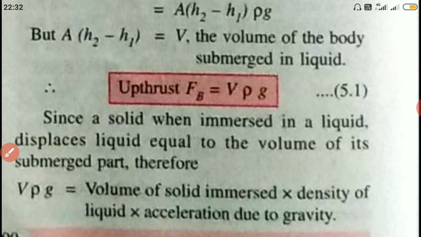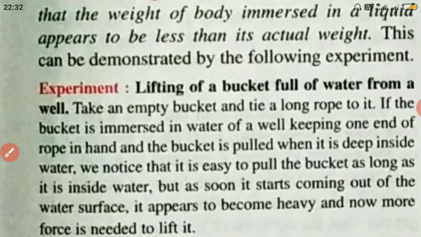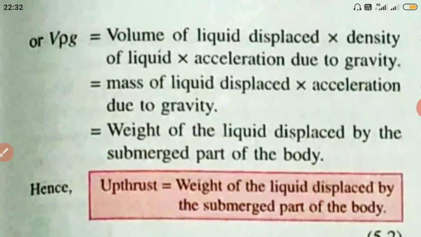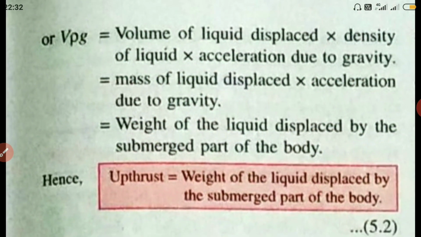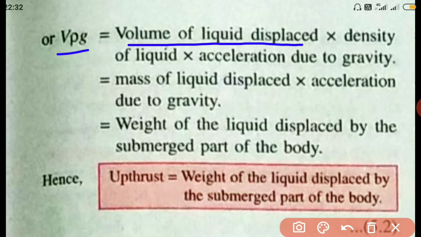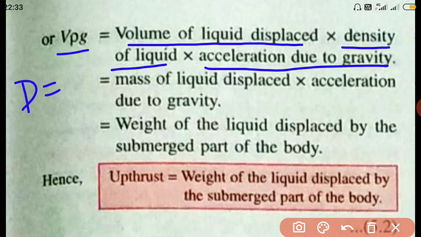So here you can see V rho g is equal to the volume of the liquid displaced, because the volume of the solid immersed and the volume of the liquid displaced are the same, multiplied by density of the liquid and acceleration due to gravity. Now volume multiplied by density, from the formula D equals mass upon volume, which I did in class 7, if you remember.